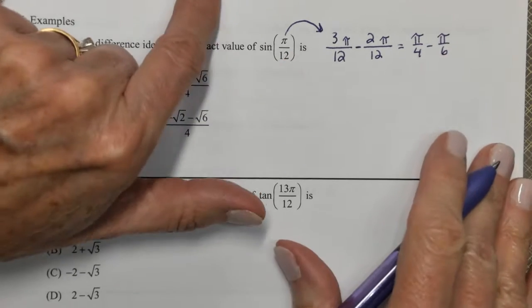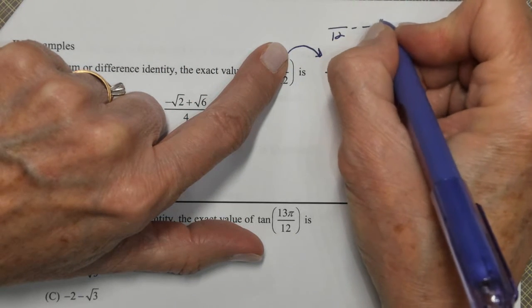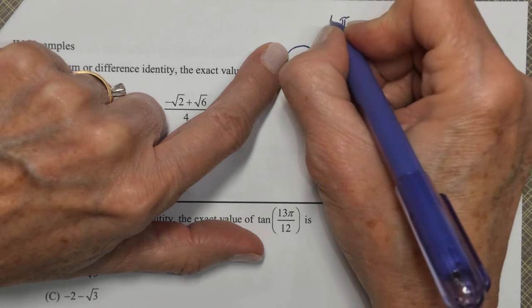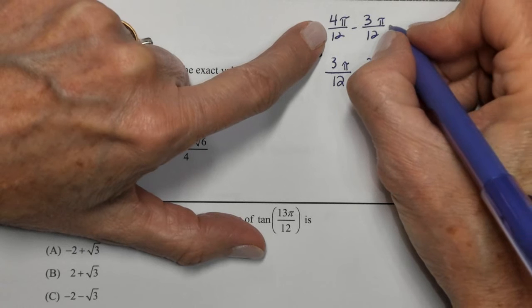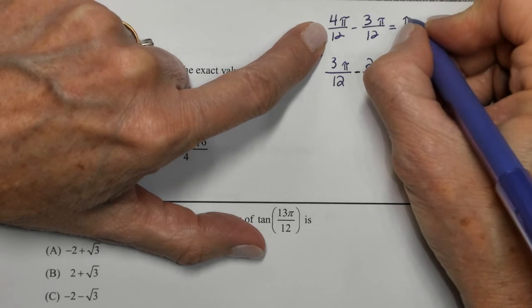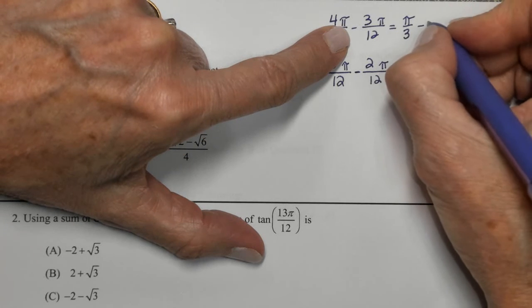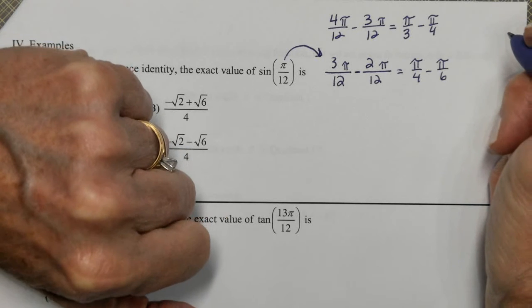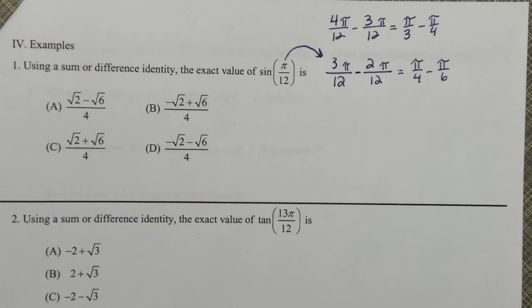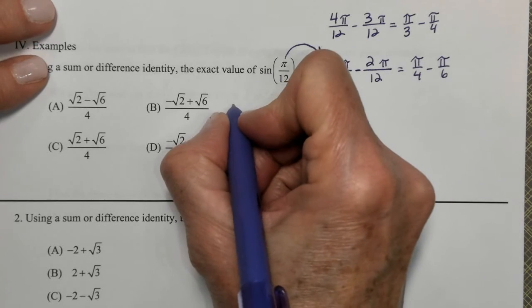I could also have used 4 minus 3. 4 over 12 reduces to pi over 3, and 3 pi over 12 reduces to pi over 4, and those we know. So either one of these will get you the exact same answer. Okay? I'm going to use this one just because I did it first.